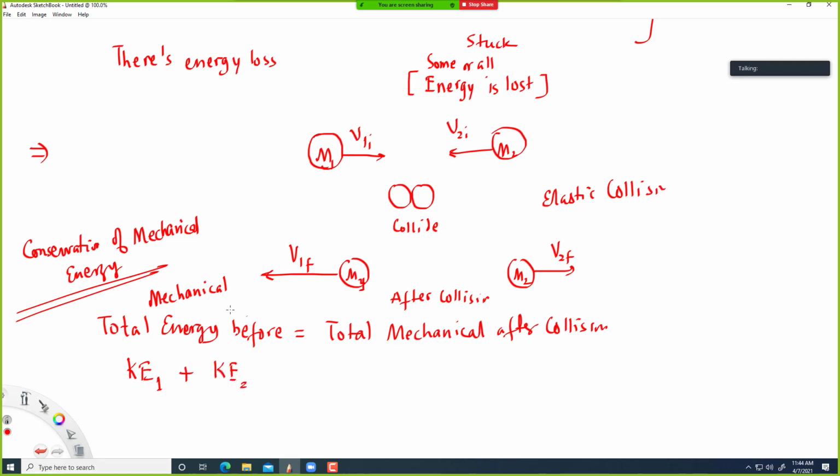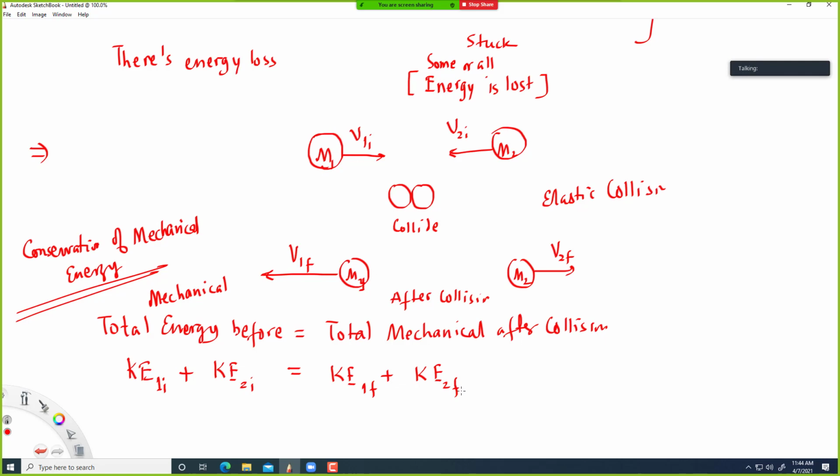Mechanical means you also have potential, but again potential doesn't change, so we can neglect that. Now both are same, so how do you differentiate before collision and after collision? So you use I for before and F for final or after.